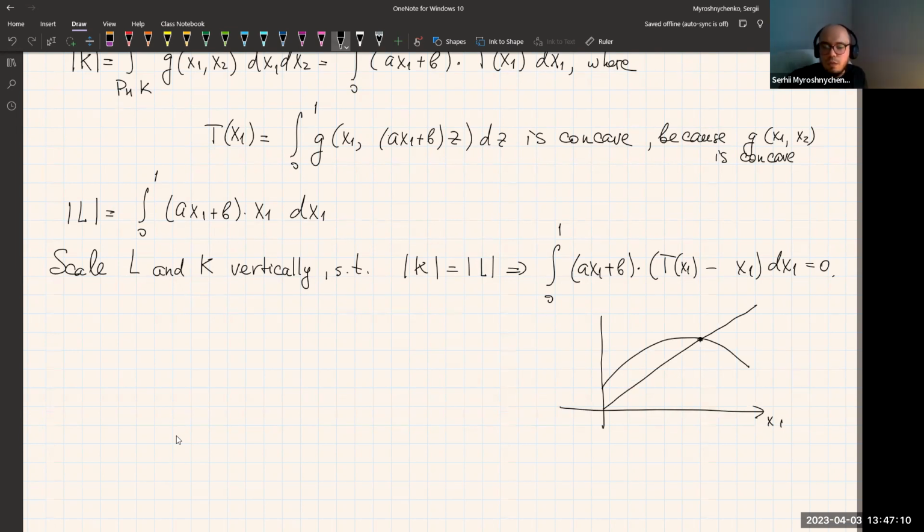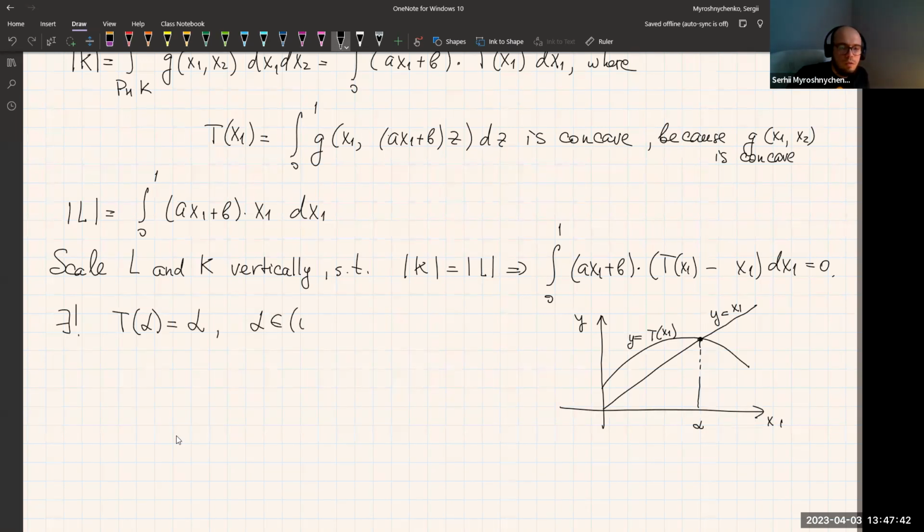So there exists a unique point, let's call it alpha, such that t of alpha is equal to alpha. Right, this is where they're intersecting. What I drew is t of x1, and this is just, say, y is equal to x1. Yes, such that t of alpha is equal to alpha, with alpha between 0 and 1.